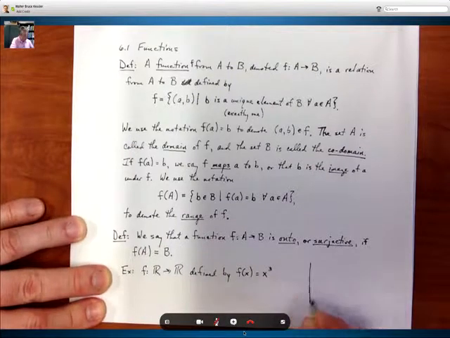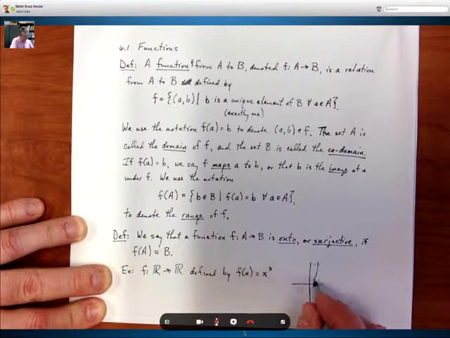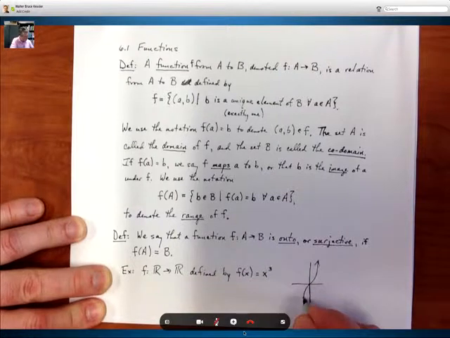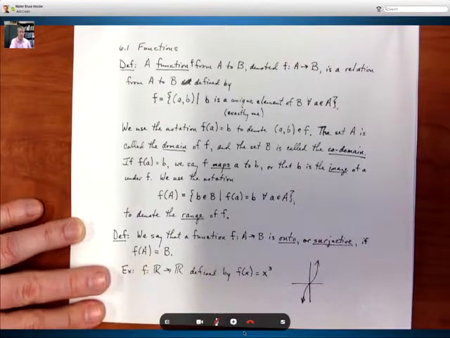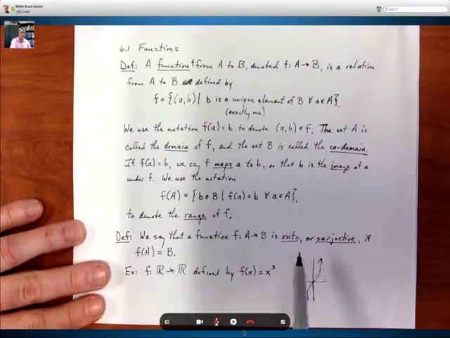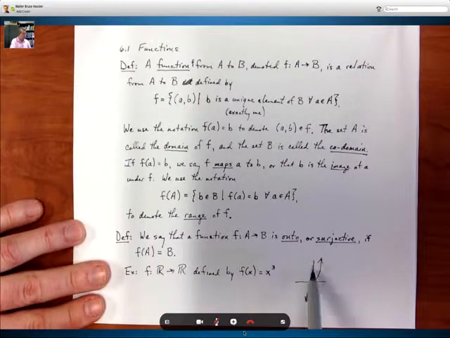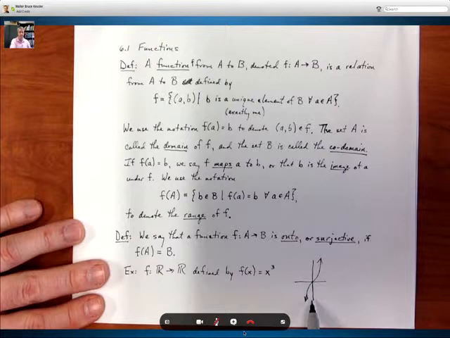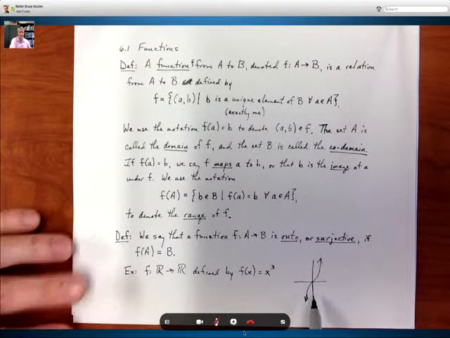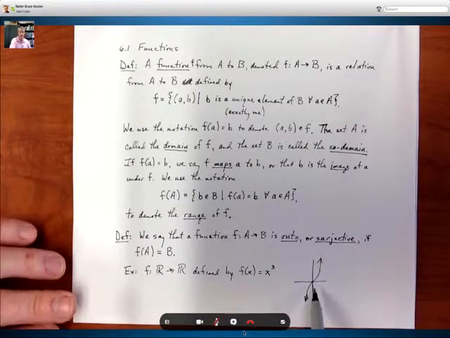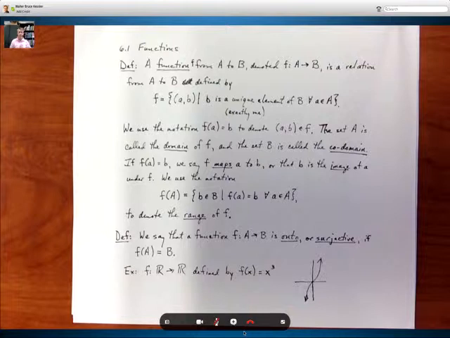You think about what this looks like. Something like this, right? So for every value of y along the vertical axis here, we can find some value of x that gave us that y value, just simply by taking the cube root of both sides.